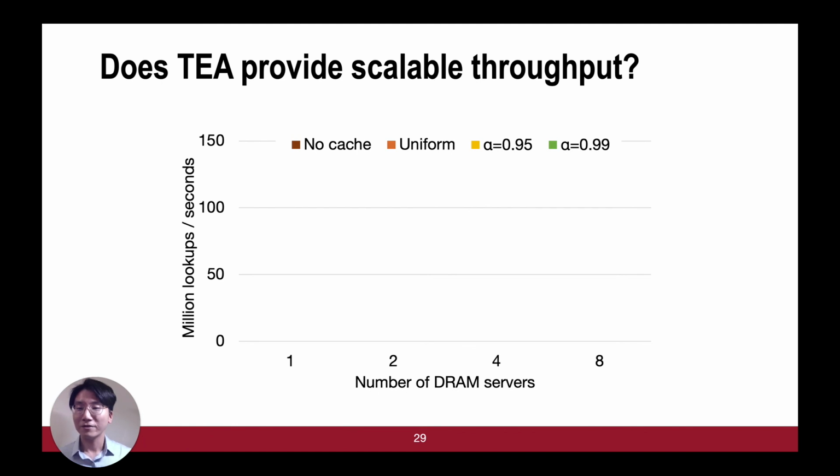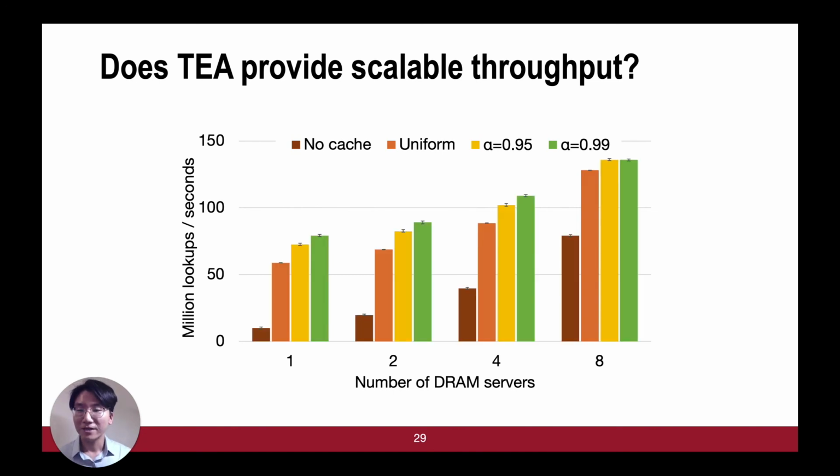Lastly, we also measure the throughput that T-enabled network function can support with a different number of servers. And again, we use T-enabled NAT as an example. Here, the x-axis is the number of DRAM servers, and the y-axis is the throughput in million lookups per second.